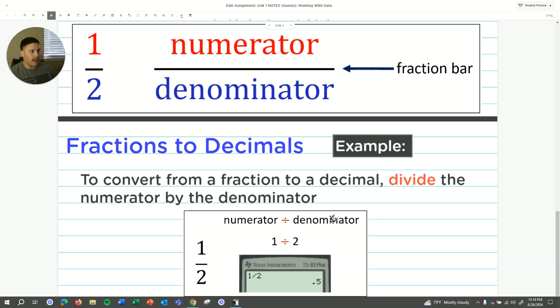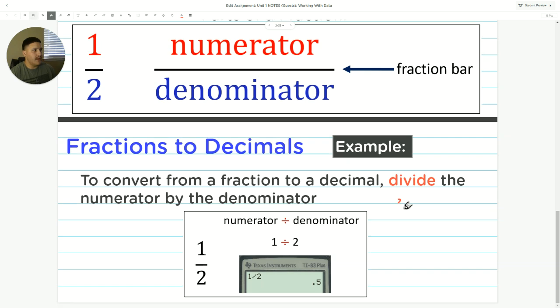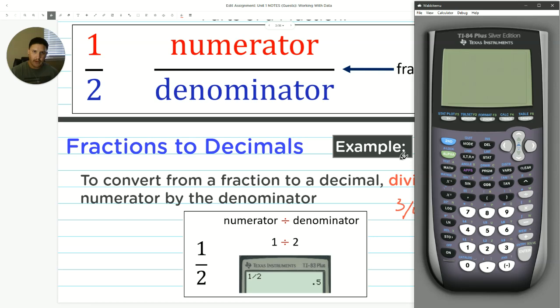Let me give you another example. Let's say I have 3/4. I'm going to take out my calculator, whatever your calculator is, could be Desmos, could be the TI-84, doesn't matter.